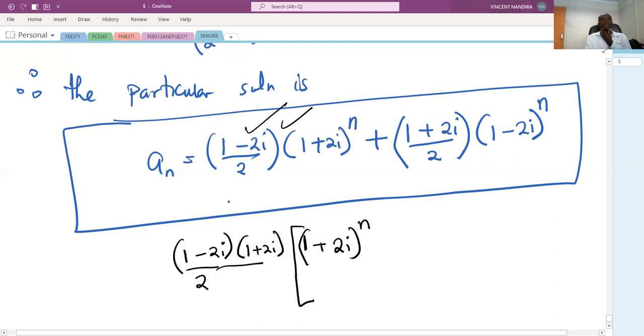So because I have factored out, to get back my original expression here, (1 minus 2i) over 2 times (1 plus 2i) raised to power n, then I need to divide this one by 1 plus 2i.